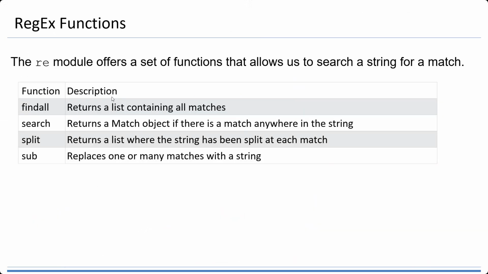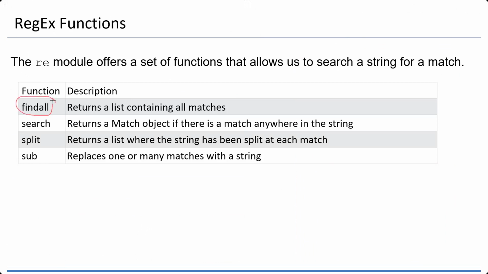One of the modules for regular expression that we can use is re. The re module offers a set of functions that allow us to search a string for elements. There are 4 functions. We are going to look more at findall.